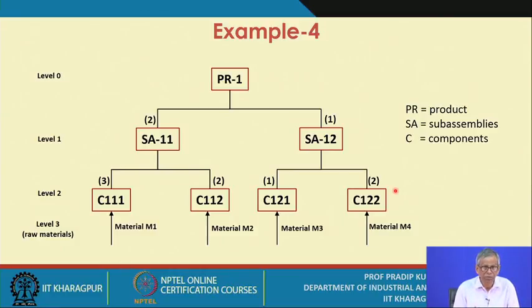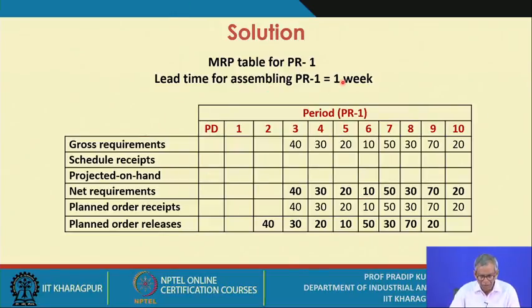You come to know from this explanation at what point in time which components or materials you require when the lead time is known, and what is the sequence of operations you need to carry out for getting the final product PR1. Now, you have all this table.